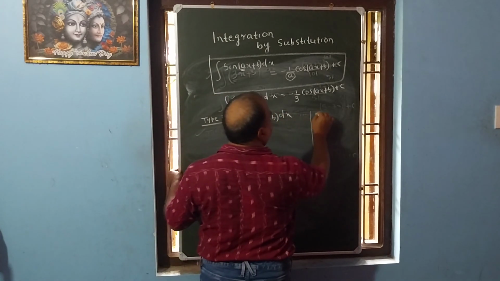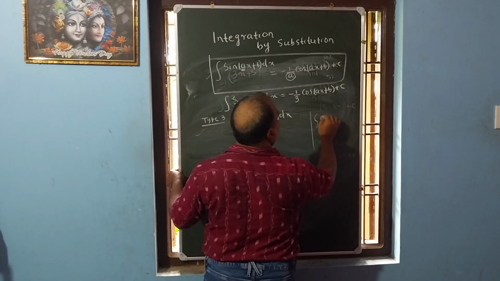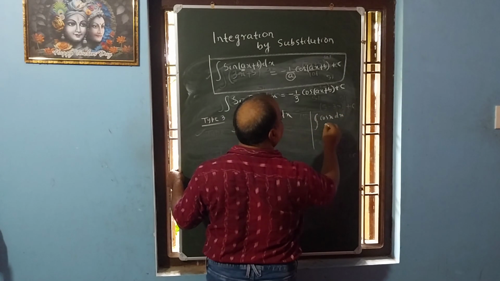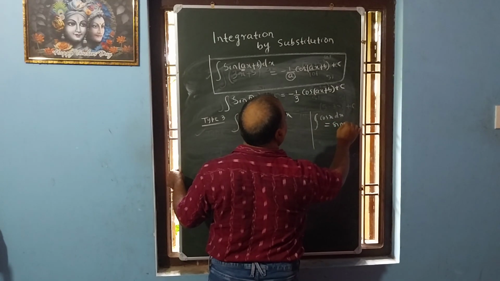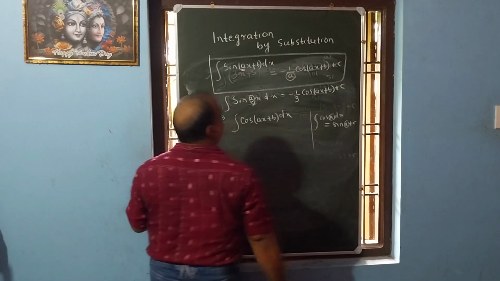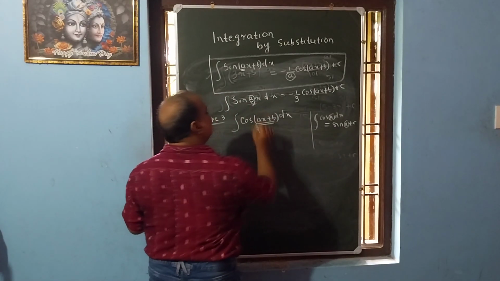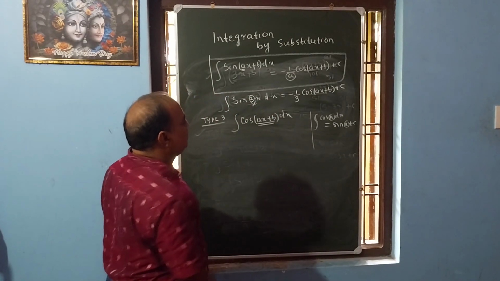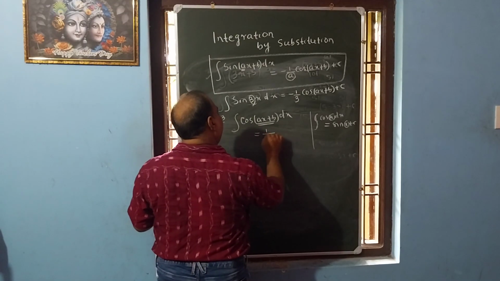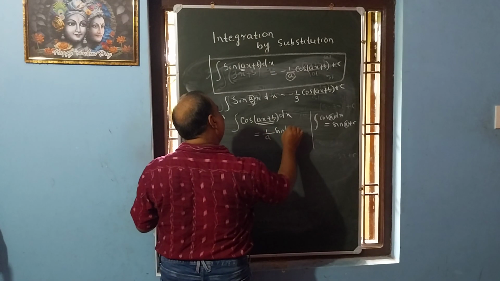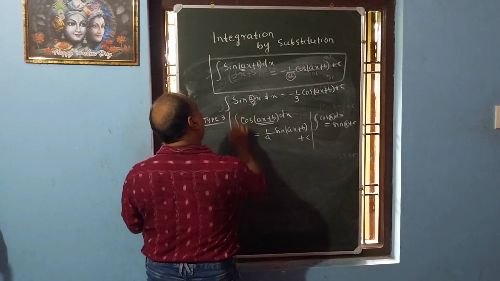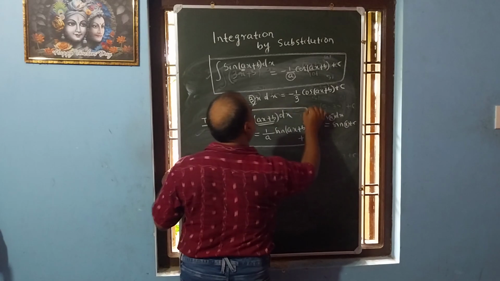We know that the integration of cos x dx is sin x plus c. Here it is x, here it is also x. But today in place of x, we have ax plus b. So the result will be 1 by a sin(ax + b) plus c. Okay, this is the formula. You remember this formula.